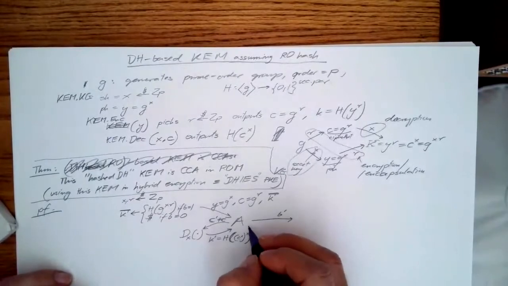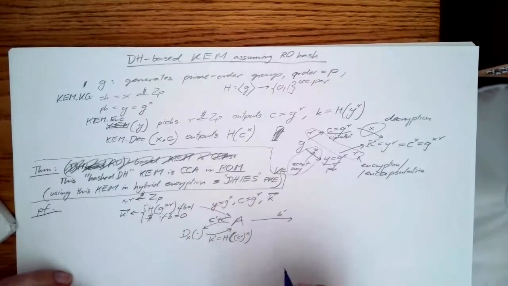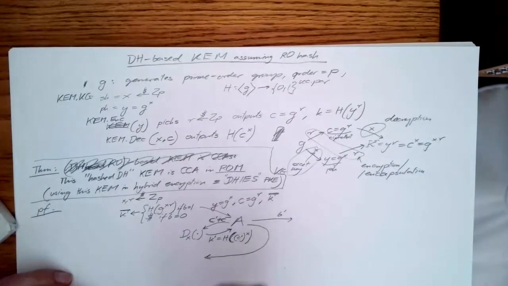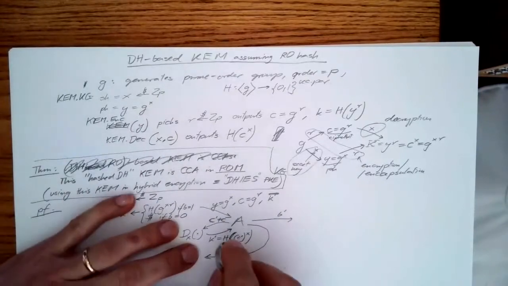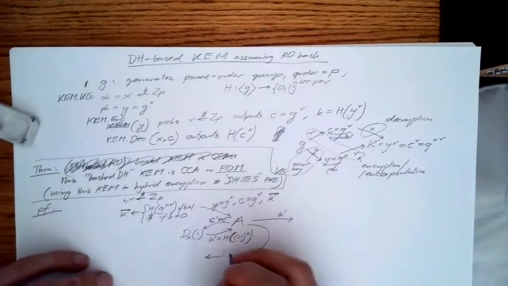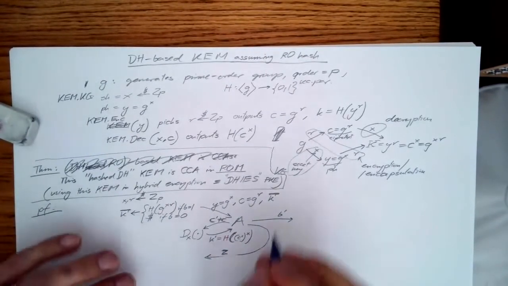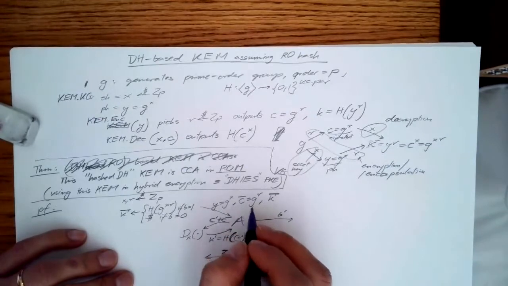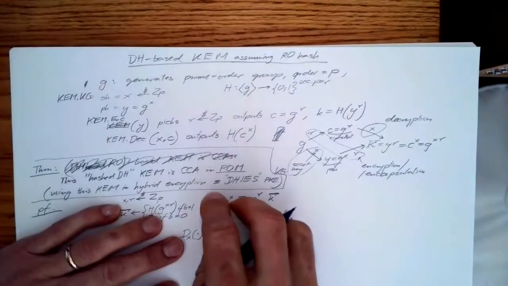Also, we are in the random oracle model. So the attacker also can ask hash queries, let's call these hash queries Z. And you know what? Let me call this ciphertext C hat, C bar. And this will allow me a slightly easier notation here.